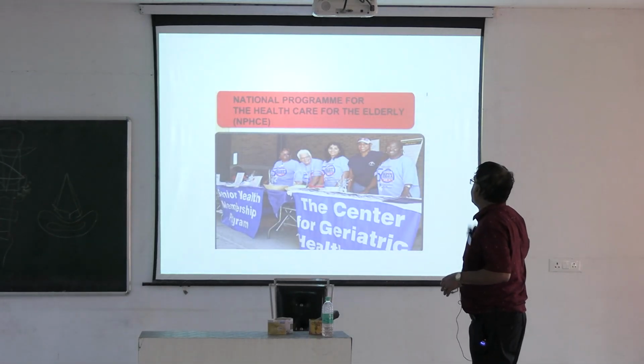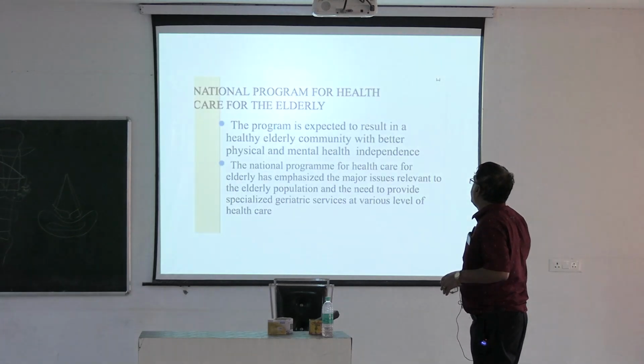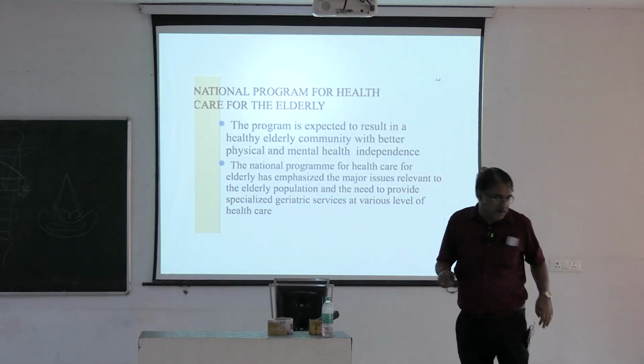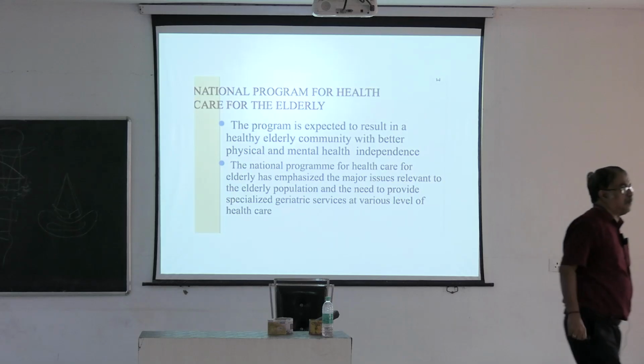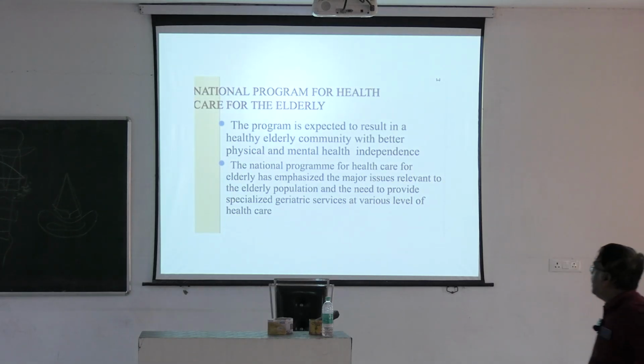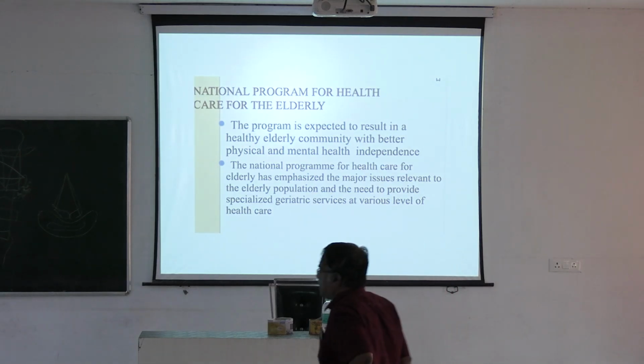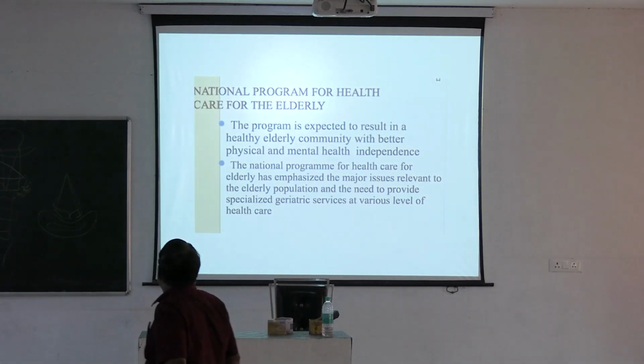So this is the National Center for the Geriatric thing, NPHC. Finally summing up, the aim of this NPHC was to result in a better, healthy elderly community with better physical and mental health and independence.